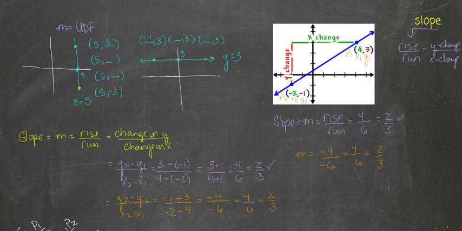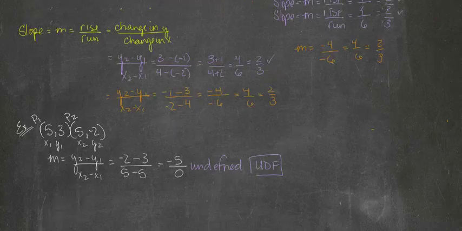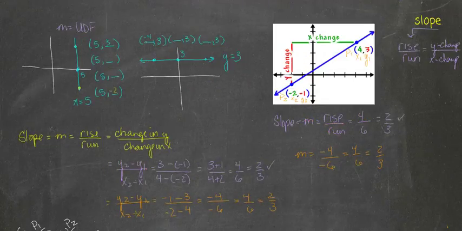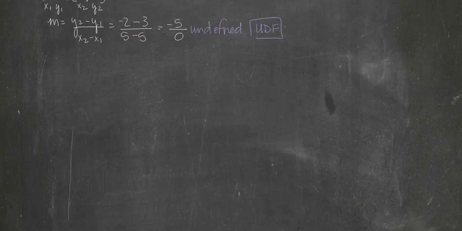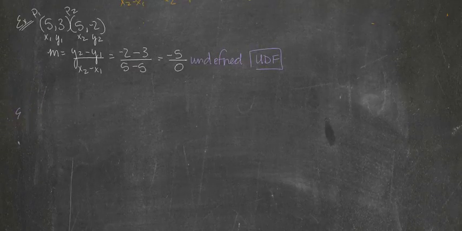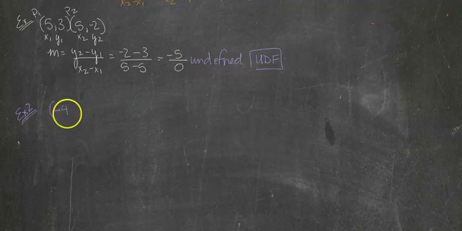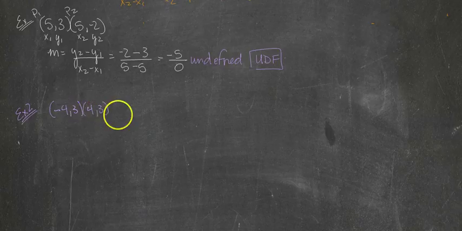Well, what happens with a horizontal line? Maybe it's undefined as well. Well, let's see. Let's choose negative 4, 3, and how about, what does that look like? 4, 3 maybe? Okay, so let's do example 2. Negative 4, 3, and 4, 3. So we know that this is a horizontal line.